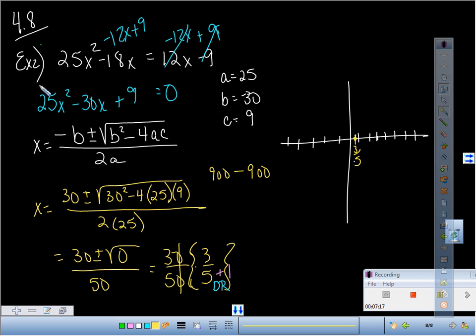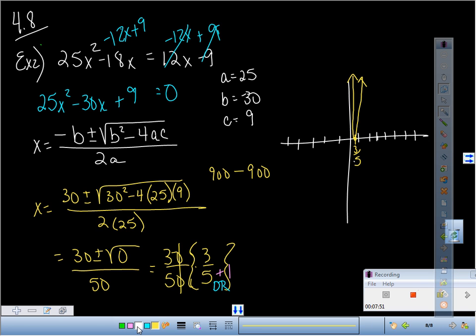Yeah, this 25 right here is positive, so it opens up. Is it wider, narrower, or the same as the parent function? Much narrower, very much, because the bigger the number, greater than 1, means it's narrower. Matter of fact, if you graphed it on a calculator, it'd be almost a straight line. Okay? So I'm going to draw it very skinny. There it is. Okay, so that's what it looks like.